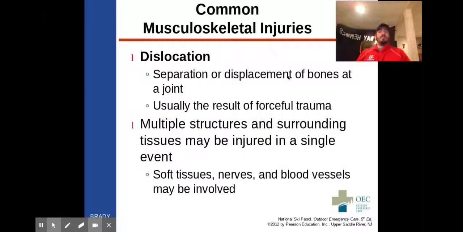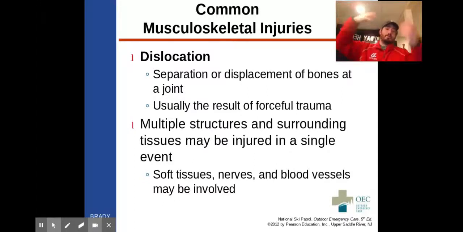All right, and then dislocations. Oh, these are fun too, in the pretzels and jams department. The separation or displacement of bones at a joint, and they usually result from a forceful trauma. So this is not when we break something, but we basically pull a joint apart somehow. And they can be really dangerous for the patient or complicated because there's a lot of structures that run through our joints, right?